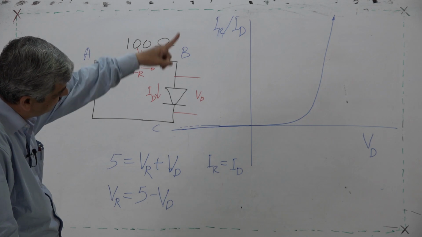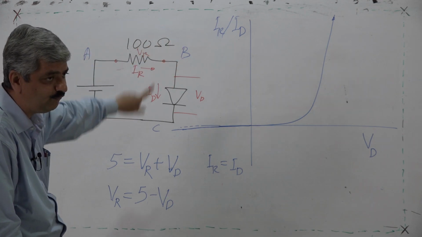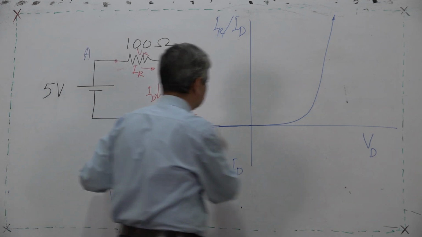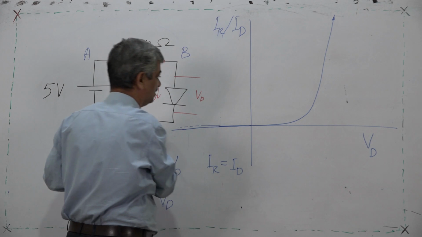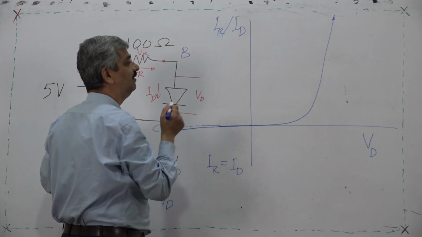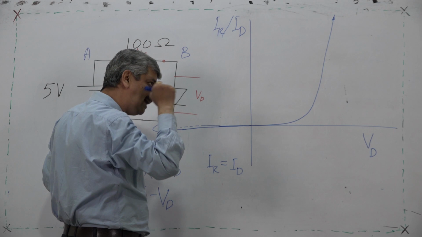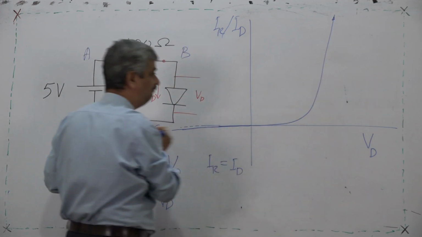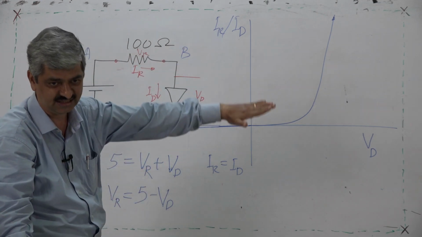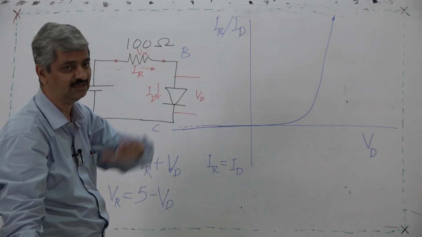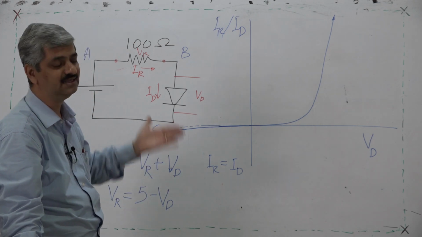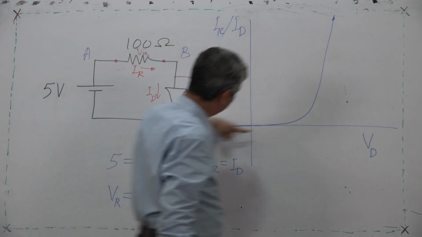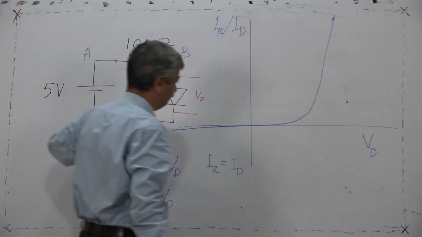VD ID characteristic means the diode wants VD and ID in this circuit to be in this manner. This is the diode's condition. Diode characteristic means anything on this is possible, which is dictated by other considerations. Characteristic does not give the answer. Characteristic restricts the domain of two variables to a single non-linear curve.